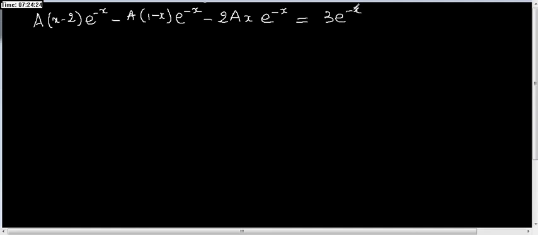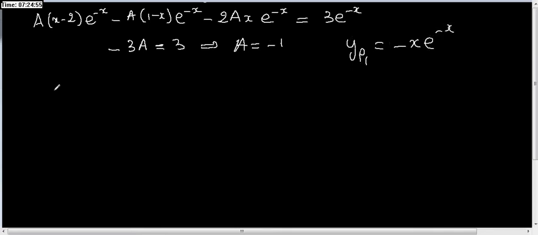Now the coefficient of x will have a, plus a, minus 2a, which is 0. In terms of the constant term, you have -2a and -a, so -3a should be 3. That means a is -1. So we have y_p1 as -x e^(-x).